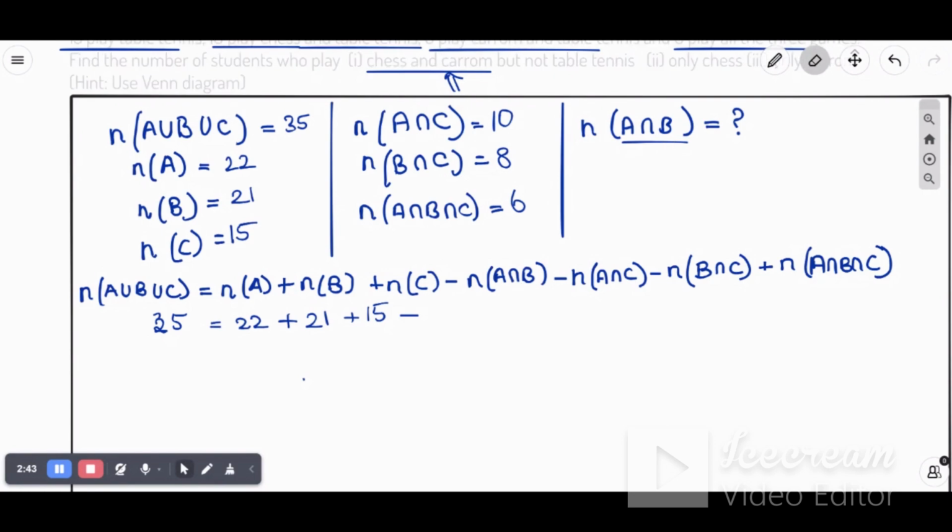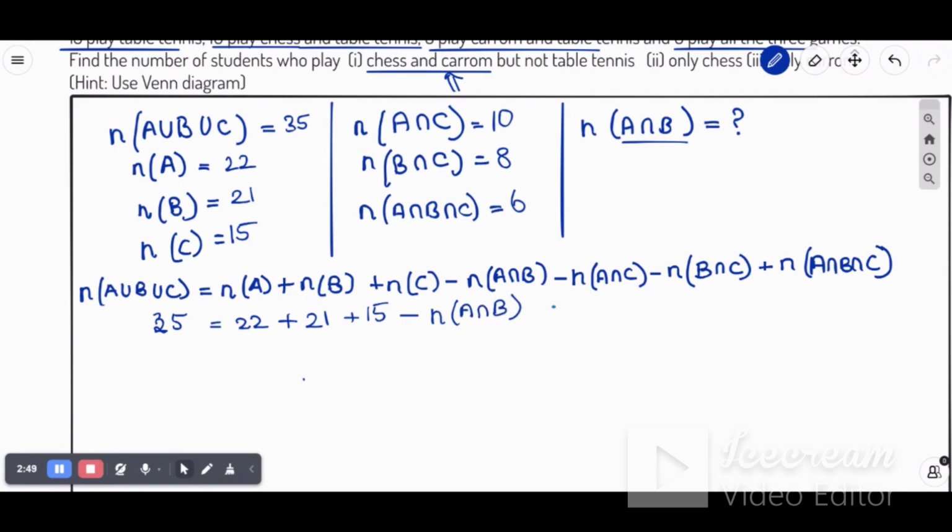That is the one we have to figure out. So let us put it as such. n of A intersection B, and n of A intersection C is 10 and n of B intersection C is 8, plus 6. So be careful with the values.